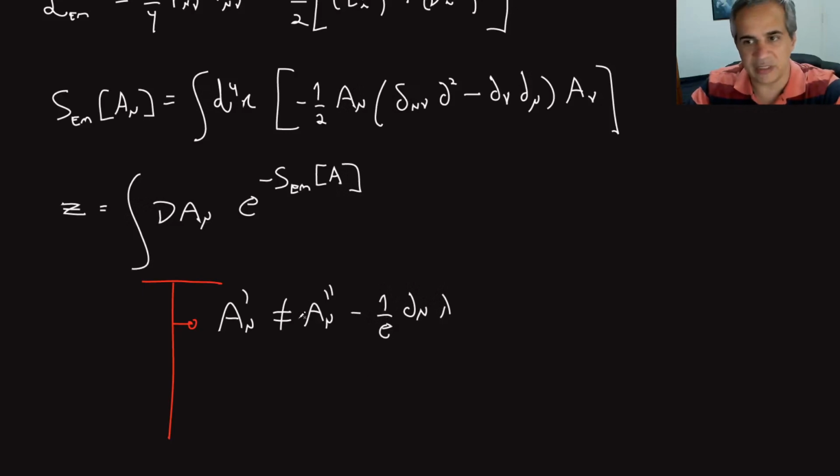So this is really a sum over different, I mean inequivalent field configurations, right?